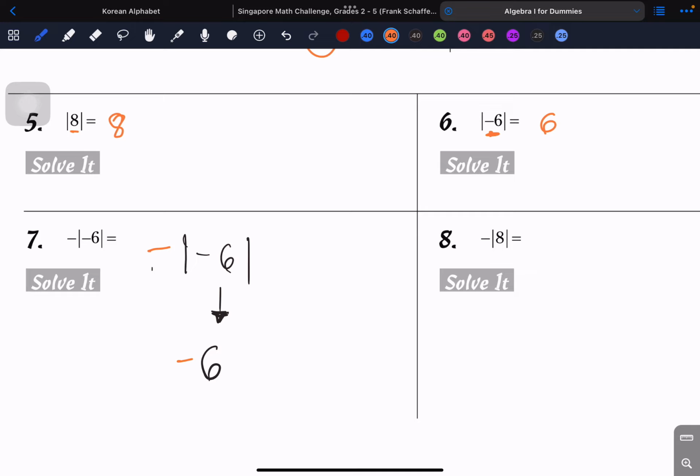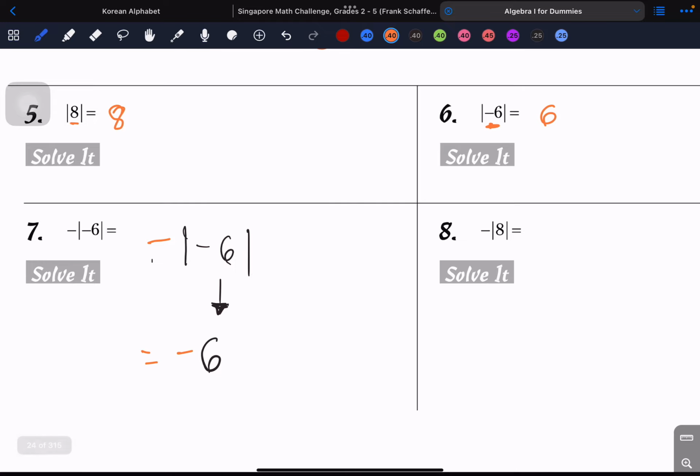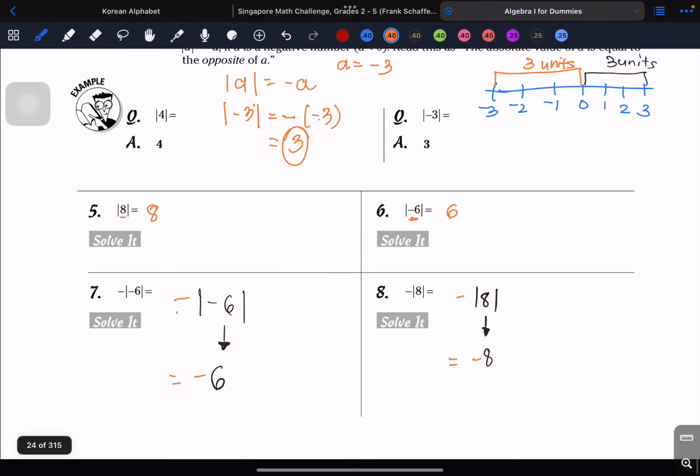So, we'll write our answer as negative 6. Number 8, we have negative times the absolute value of 8. The absolute value of 8 is 8, but you still have negative outside the absolute value. So our answer is negative 8.